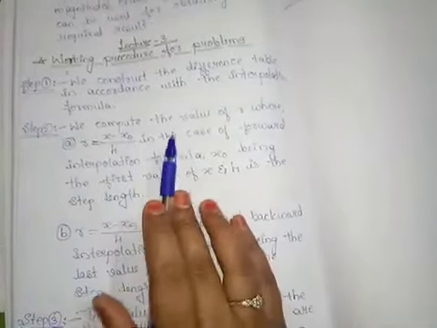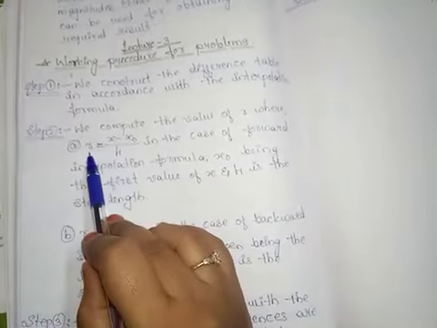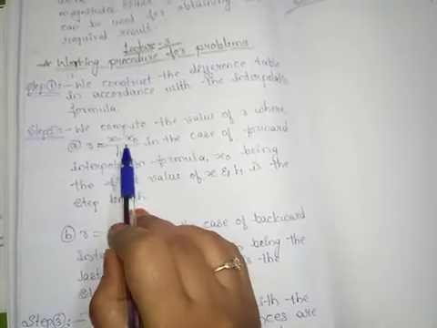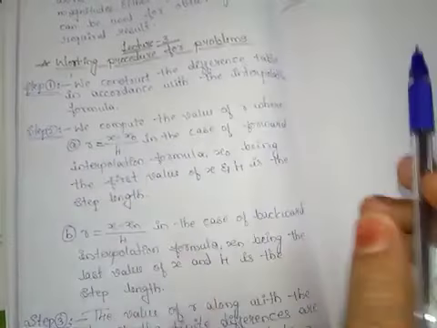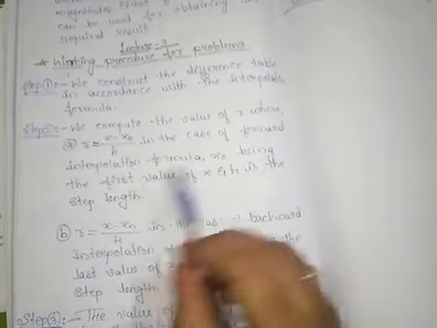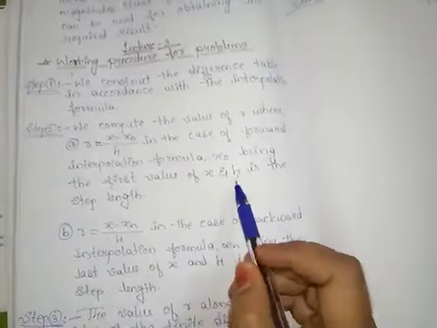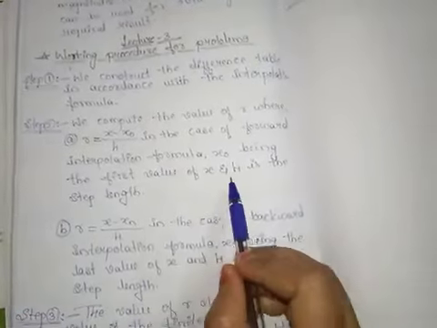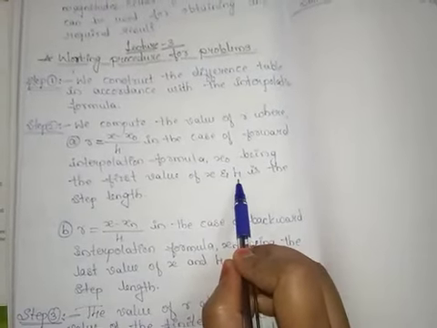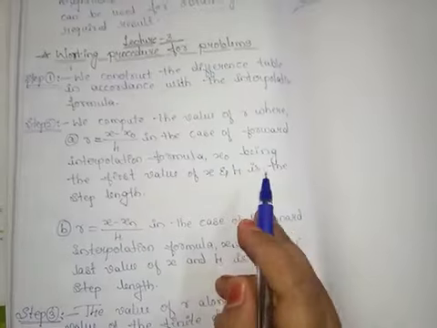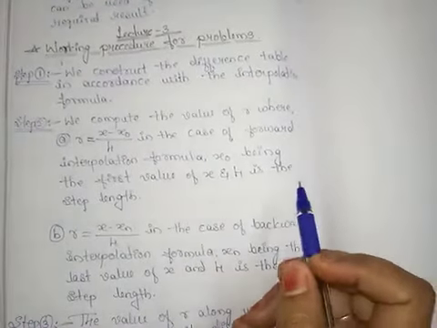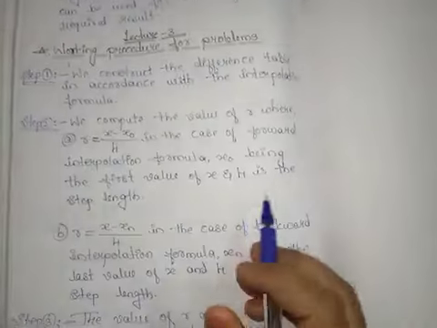If you are applying the forward interpolation formula, for finding r, r is equal to x minus x naught divided by h, where x naught is the first value and h is the step length. We know that h is a fixed difference, and here we are applying the interpolation formula for equidistant arguments.